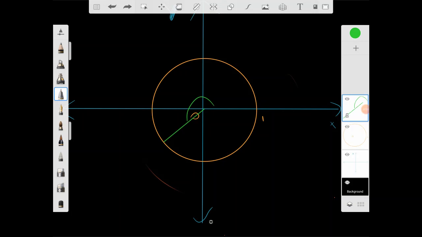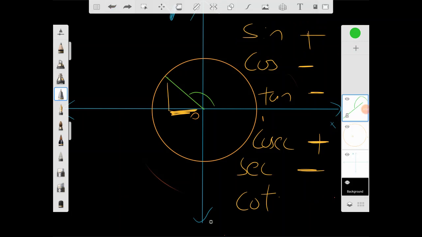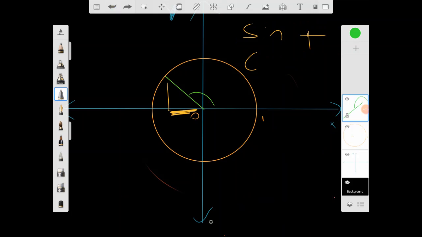Just, I forgot to tell you this before. When our angle was this, you should know that these types of angles we write as 90 plus theta. You get it? This angle is actually 90, full 90 is there, plus some angle.